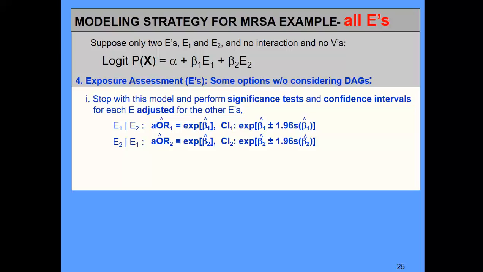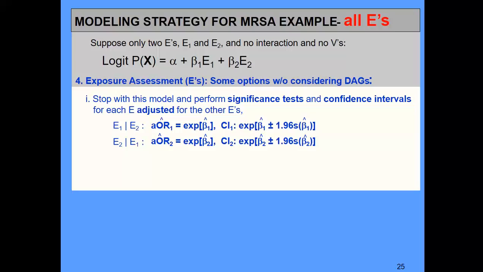So what I'm going to do is fit this model, and then get an odds ratio for each exposure, recognizing that the other exposure is in the model. So I'm getting an odds ratio for previous hospitalization, controlling for the other variable, and an odds ratio for PAMU, given that I have previous hospitalization in the model. I get the odds ratio and the confidence interval, and then I try to draw some conclusions from that if I can. That's one approach.